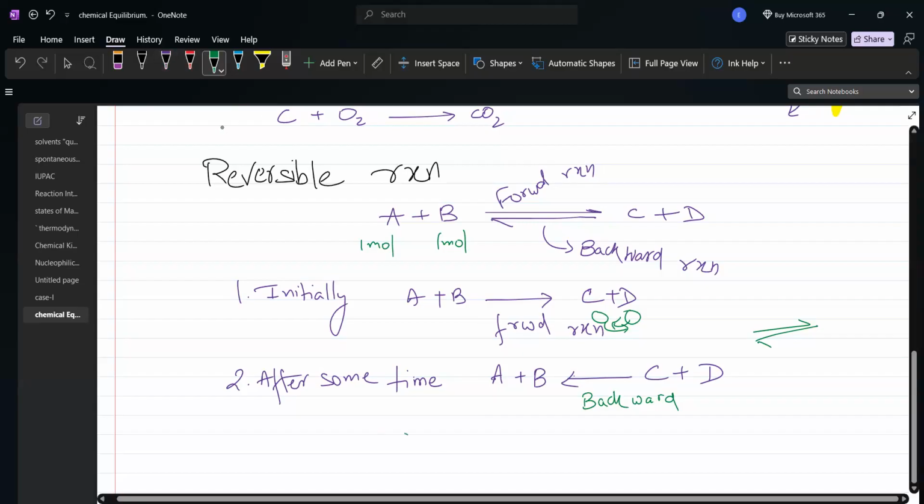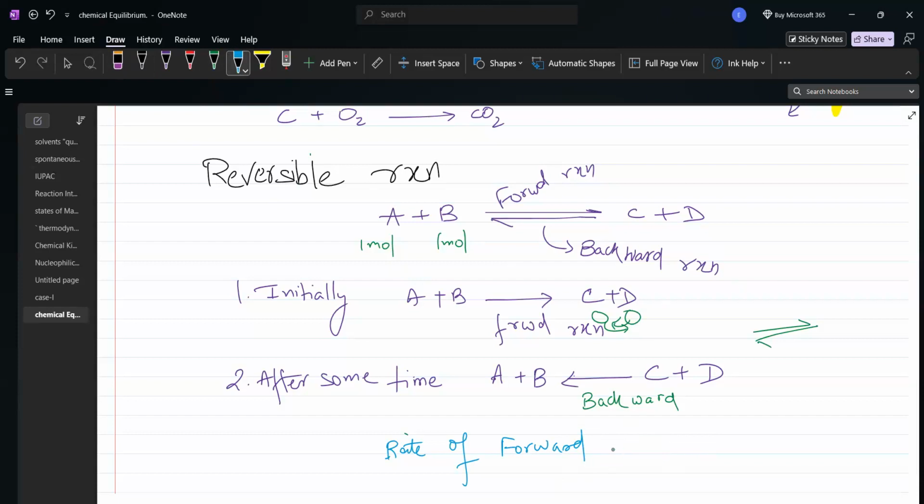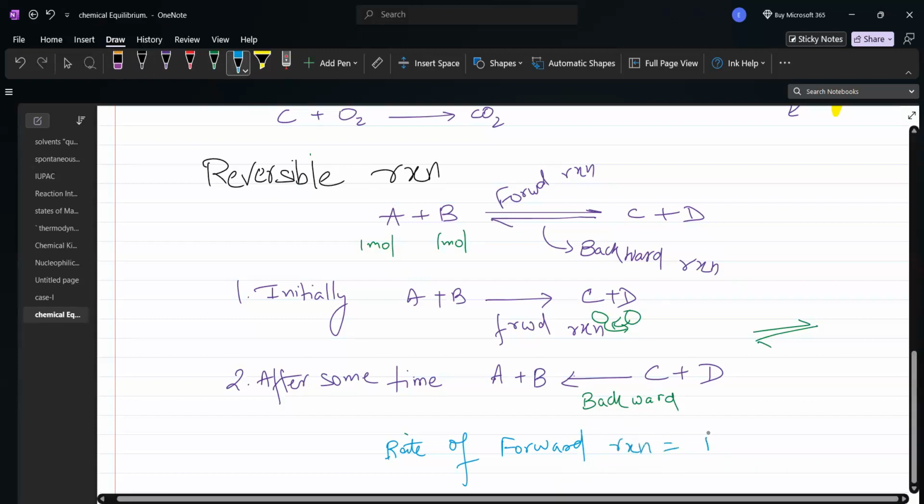So since both are going on constantly, we will say the rate of forward reaction is equal to the rate of backward reaction.